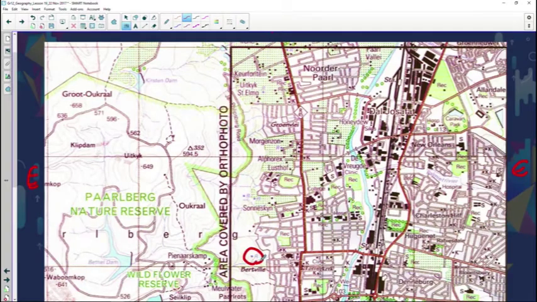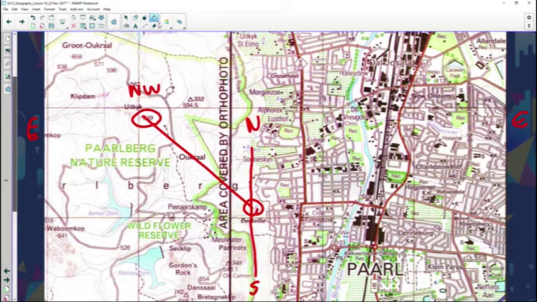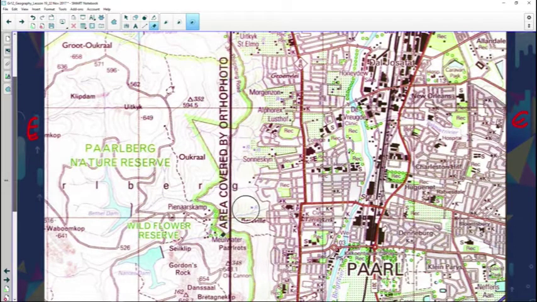So if I ask you to determine the direction from the reservoir to spot height 649, first draw a north-south line, draw a line from where to where, and that's probably going to be northwest. Very important to be able to determine your direction. Let's just quickly remove this with the eraser and continue with today's topic.